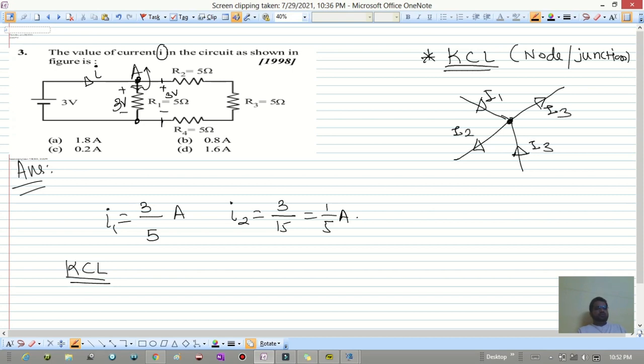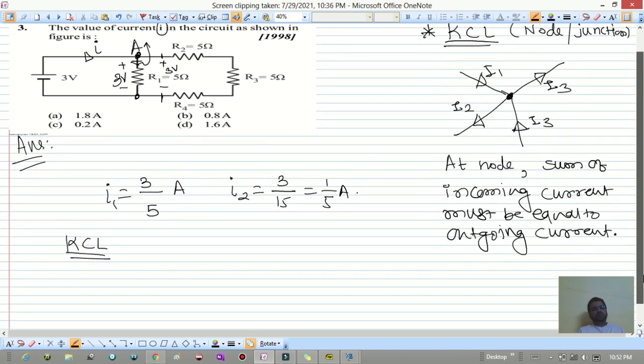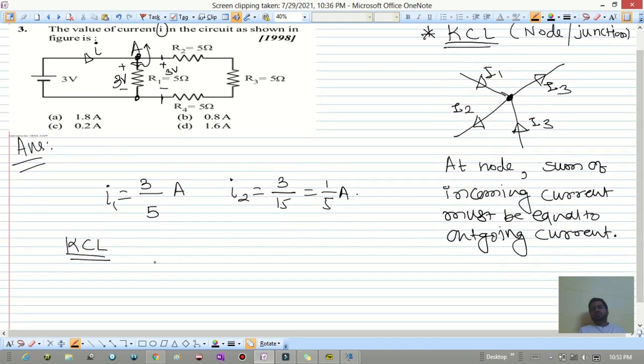So at a node, the sum of incoming current must be equal to outgoing current. That is what Kirchhoff's current law is.